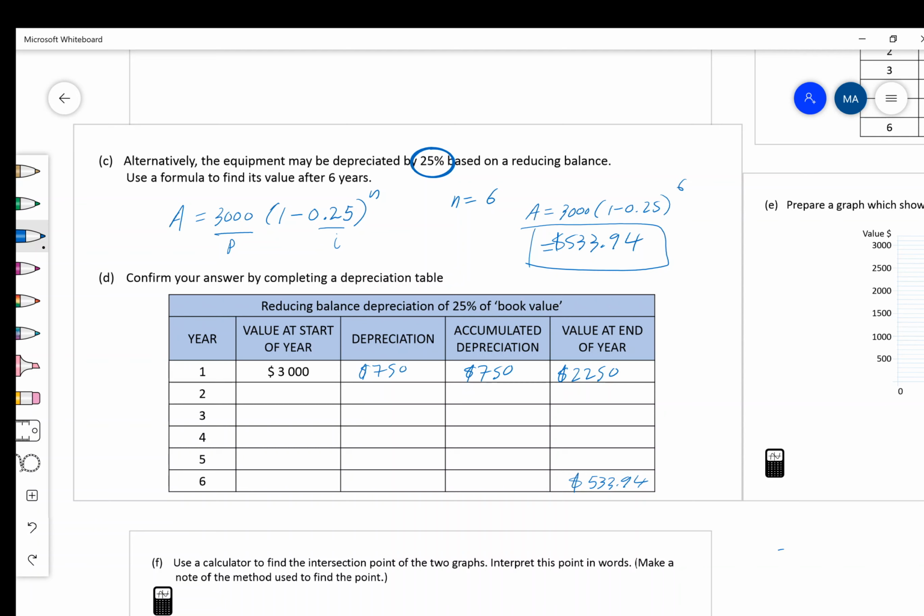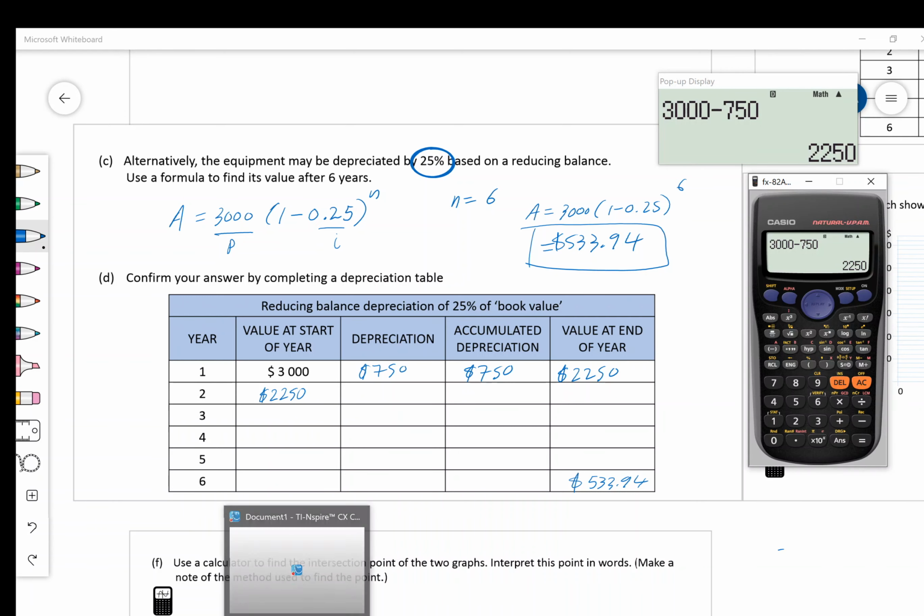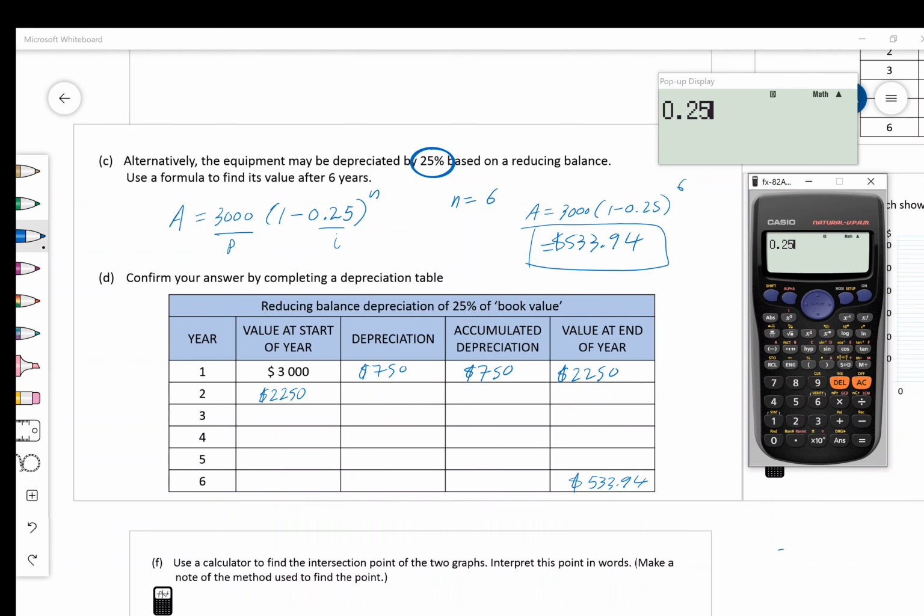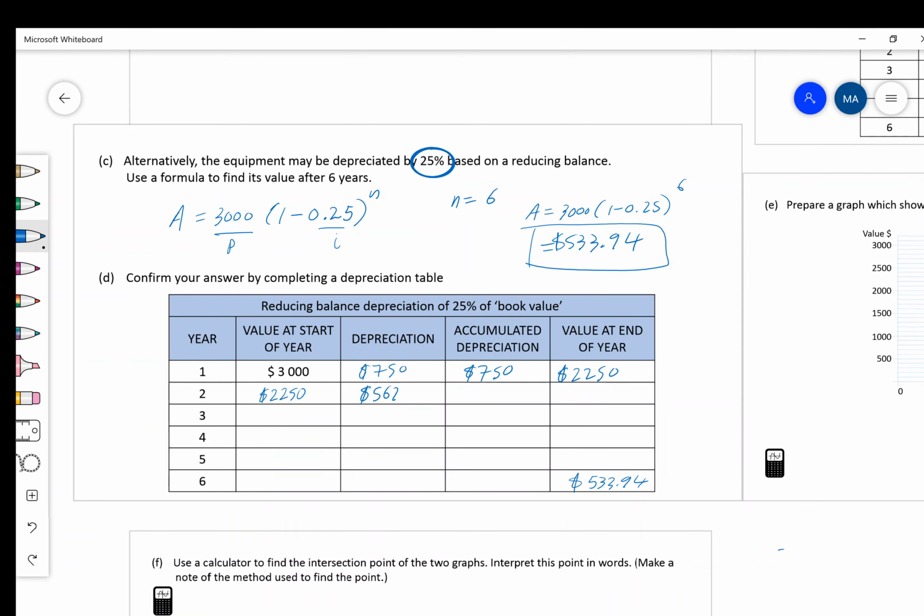Now that carries over into this value here, so 2,250 goes there. Now we find 25% of 2,250. So we always work with this percentage each time. We don't work with a fixed amount like we do with the straight line method. So 25% of 2,250 is 562.50. You see the amount of depreciation is lower for the second year.